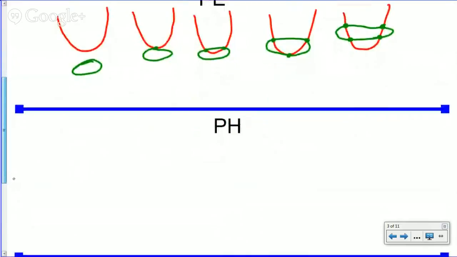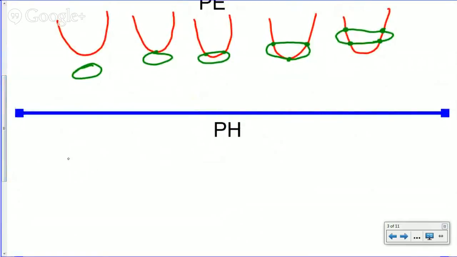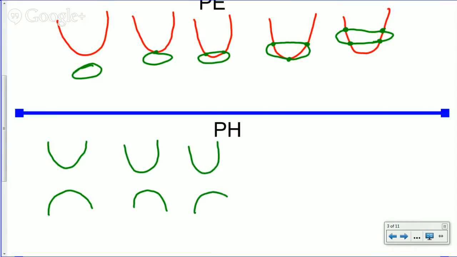We could have parabola and hyperbola. So if I draw a hyperbola here, let's just say maybe it doesn't intersect.